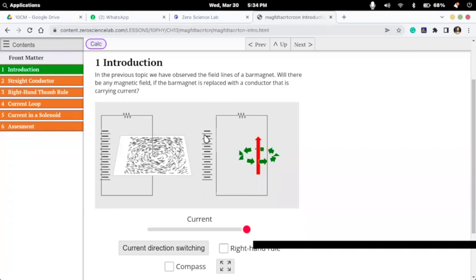Take any steel pin, right? Have a magnet in your hand, so that you can make that pin or steel needle oriented at any angle, right? Yes, sir.